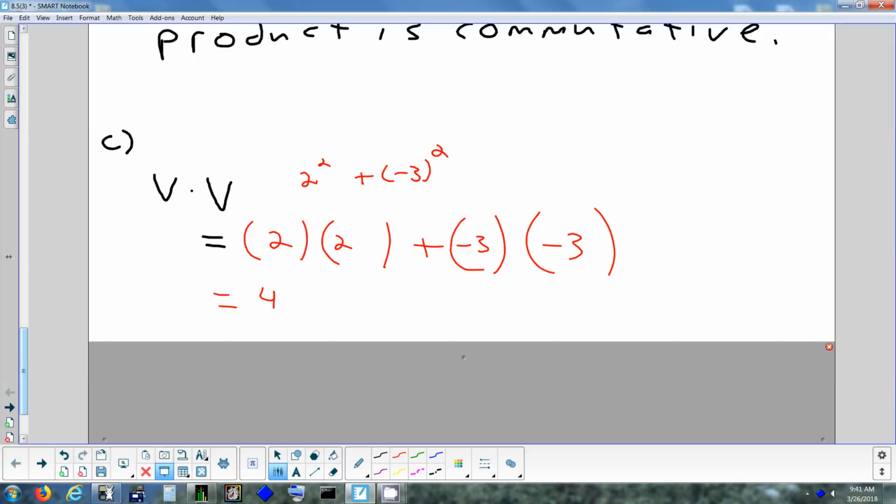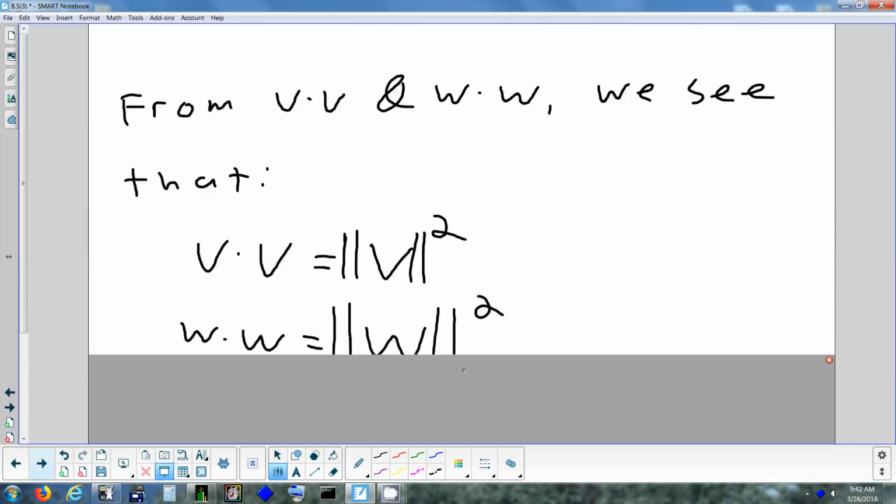So 2 squared is 4, negative 3 squared is 9. So the dot product is 13. The magnitude would be square root of 13. So what could you call 13 in terms of the magnitude? 13 isn't the magnitude, but it's the square of the magnitude, exactly.